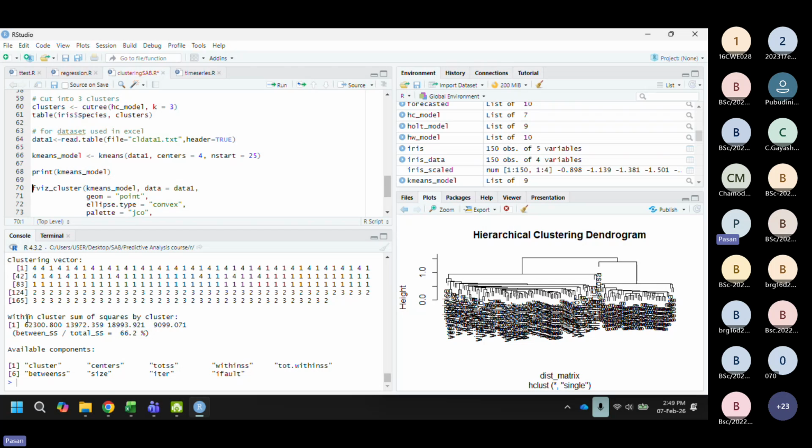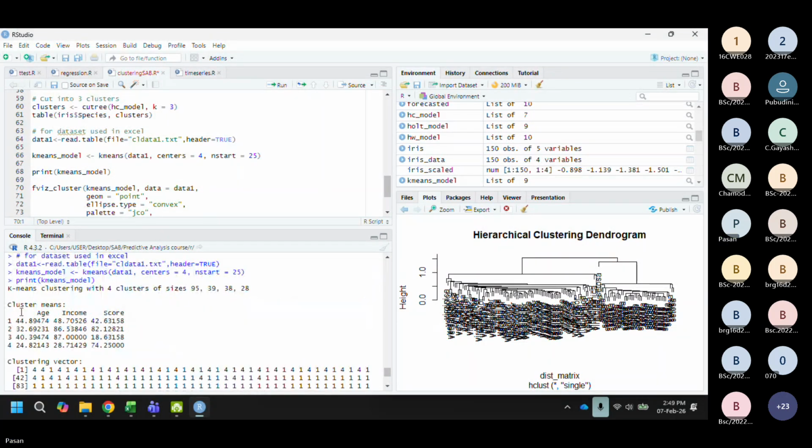That is the information we have with the four centers, and these are the numbers we can have: age, income, and score, and different values. If you go for the four centers, you can change this to two centers and see.